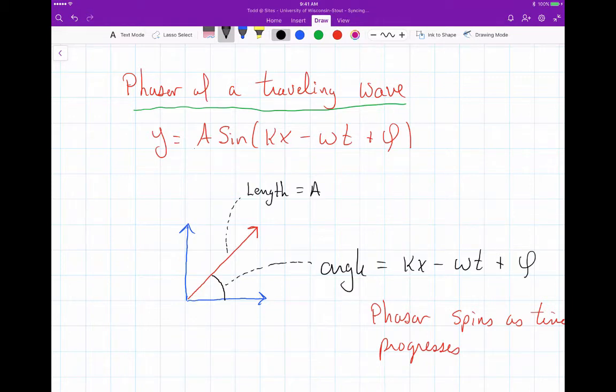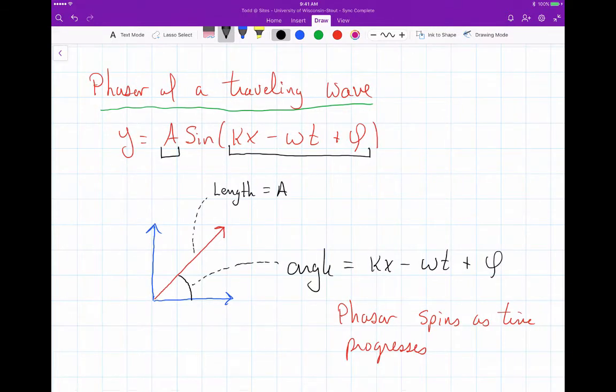And so here is the length of our vector, and this then is the phase angle, or the angle that it makes with respect to the y-axis. Now one thing to notice is that as time progresses, this is going to rotate around the circle. Same thing as x advances.